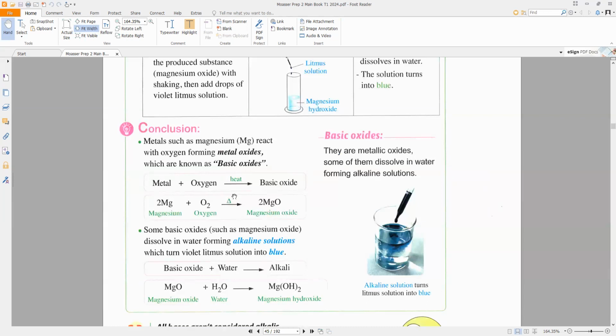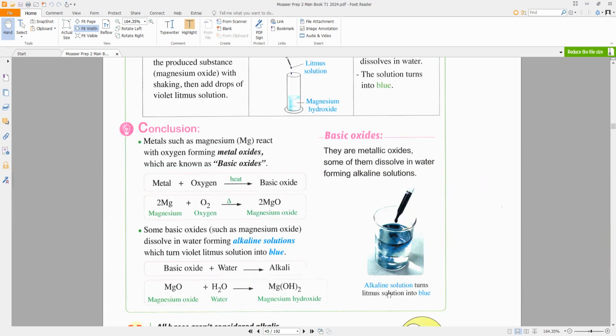So when a metal like magnesium reacts with oxygen, it forms magnesium oxide, a metallic oxide. We call them basic oxides. Why? Because when adding water to the metallic oxide, it forms a solution called an alkaline solution, because it has the base or alkali called hydroxide ion. And when we want to check it, we use litmus solution.